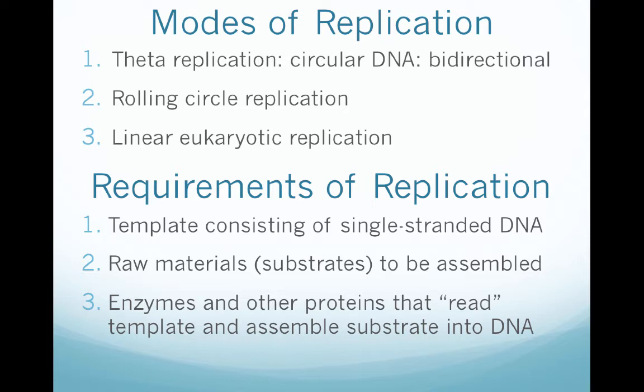The second major requirement is that there has to be a bunch of substrates ready to go to assemble and help with this process. And thirdly, some of those substrates may be in the form of enzymes and other proteins that are going to help read the template and then assemble that template into a newly synthesized strand of DNA.